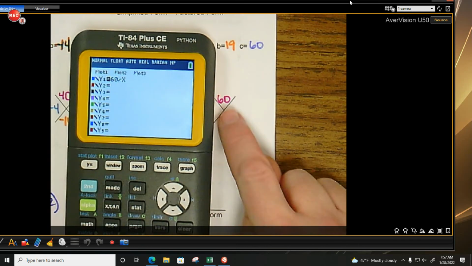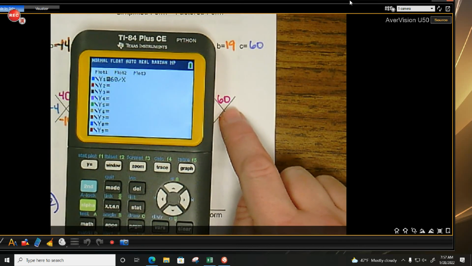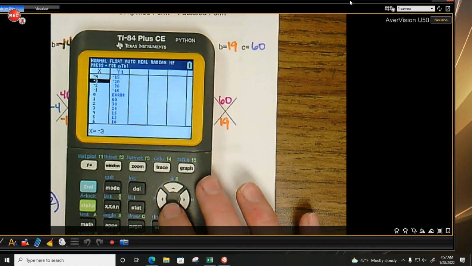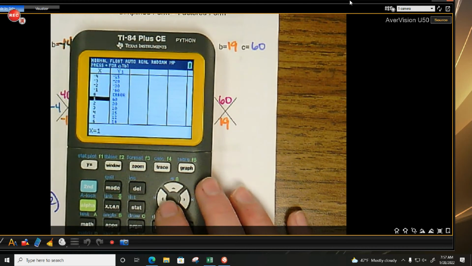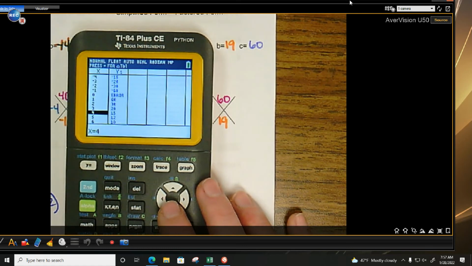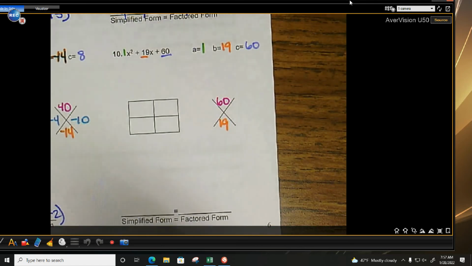Always the top divided by x. Go to the table. 1 plus 60 is 61, 2 and 30 is 32, 3 and 20 is 23, 4 and 15 is 19. So it's 4 and 15.